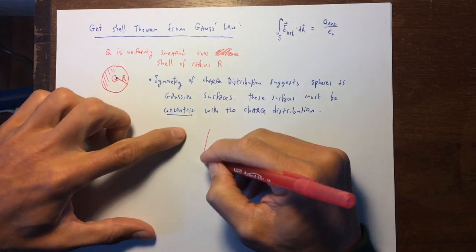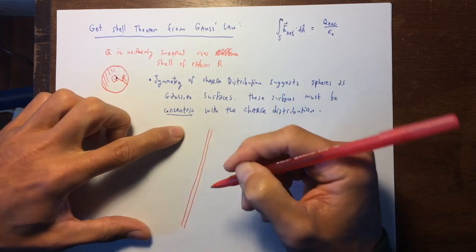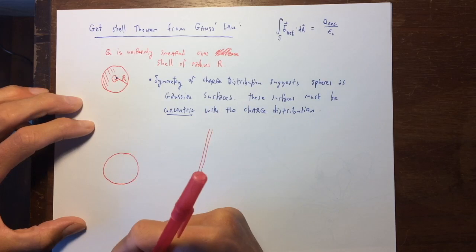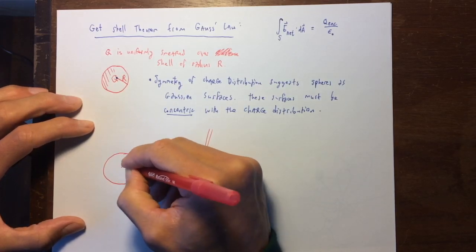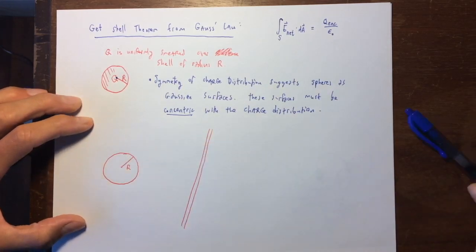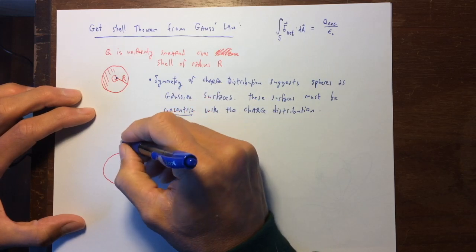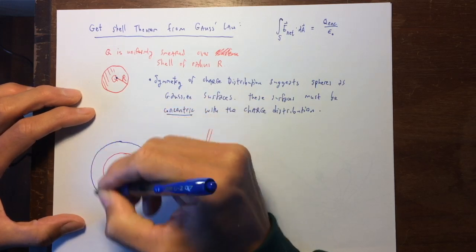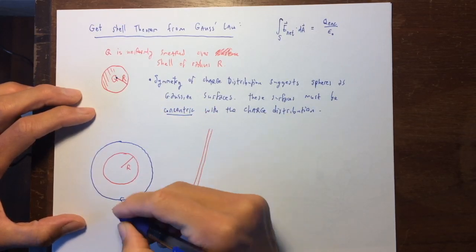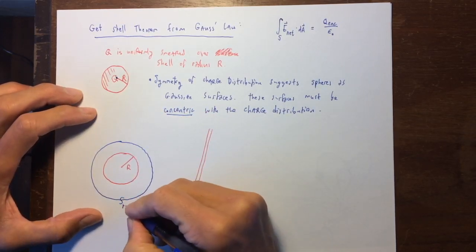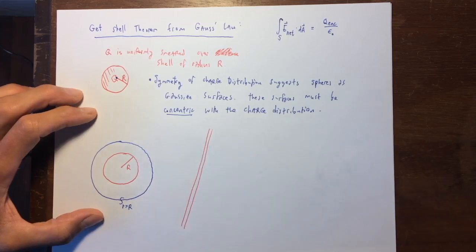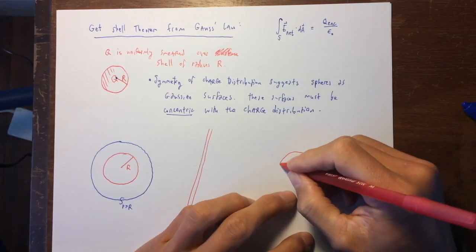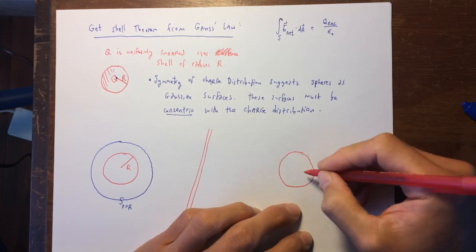So let's study the case of, here is the charge distribution, and we're going to ask, well, what if we study a Gaussian surface whose radius is bigger than R in one case, and in the other case, you can probably guess what I'm about to draw.